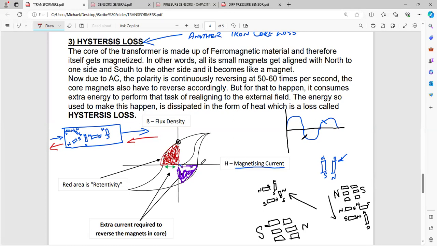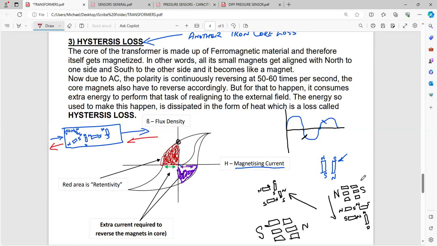Okay, so if you're going to plot a graph of the magnetizing current and the flux density, remember the flux density is going to be with regard to these magnetizing lines of force. So as your current is increasing, these magnets will start arranging themselves, for example, in this manner.